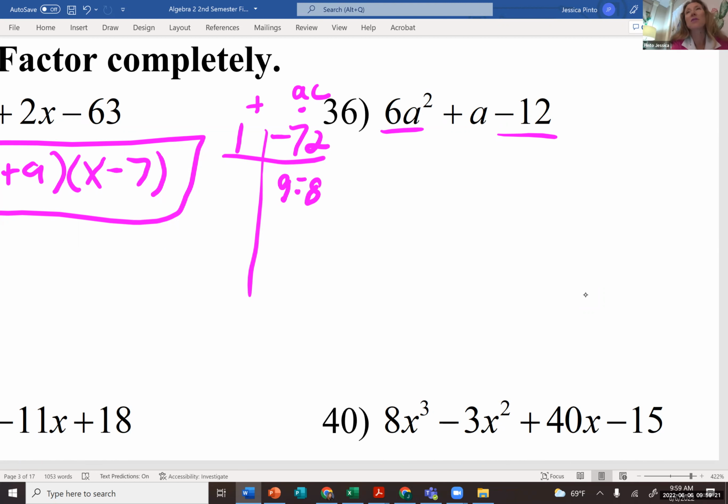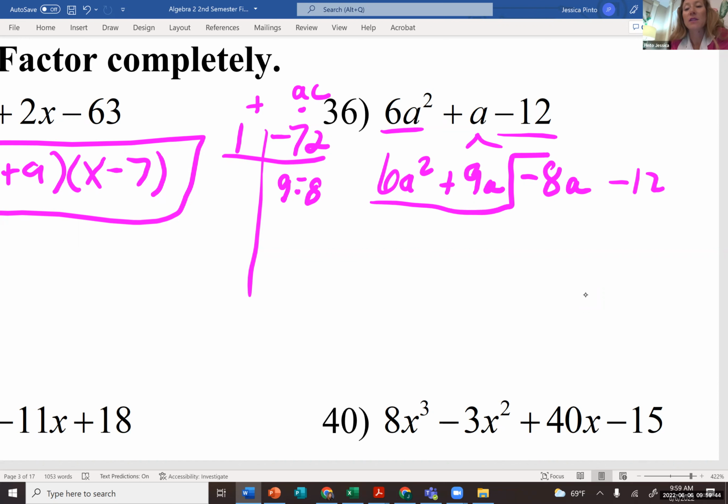So I'm going to use these two numbers now to split the middle term. That's going to say 6a squared plus 9a minus 8a minus 12. So that 1a became two different terms. From here, we're going to draw our fence and split the equation in half.